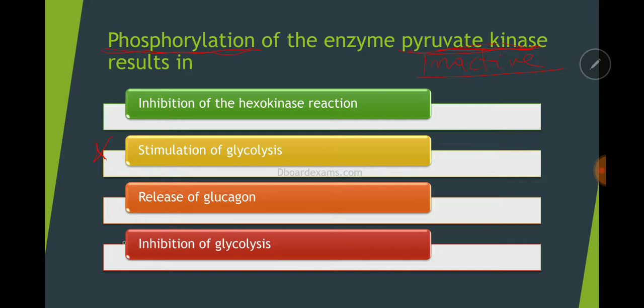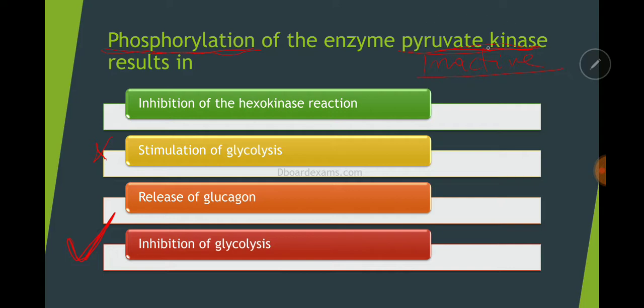Release of glucagon. Is it going to inhibit glycolysis? Yes, you're going to inhibit glycolysis. So glycolysis is inhibited, right? Because pyruvate kinase forms the ATP from the glycolytic pathway.